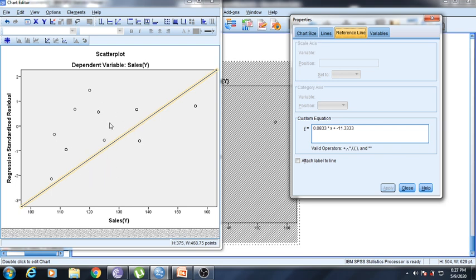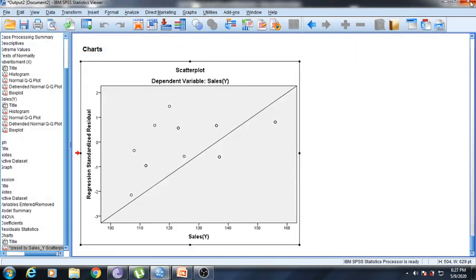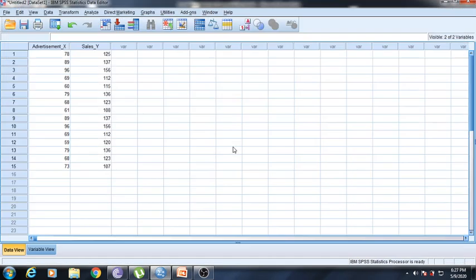So the deviations are equal from this line, so it is forming the homoscedasticity. Okay, then our data is holding all the assumptions of correlation analysis. Then we can go for the final analysis.